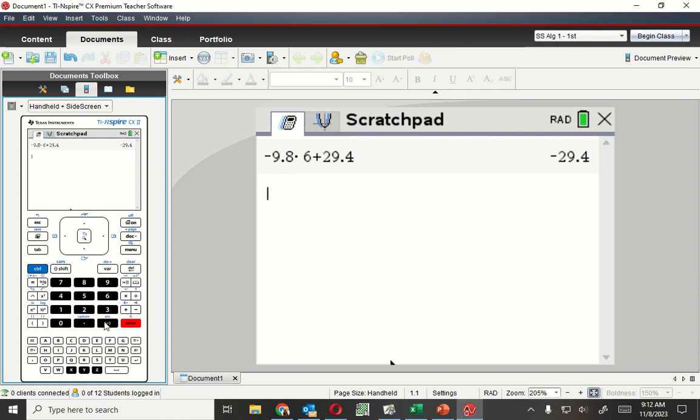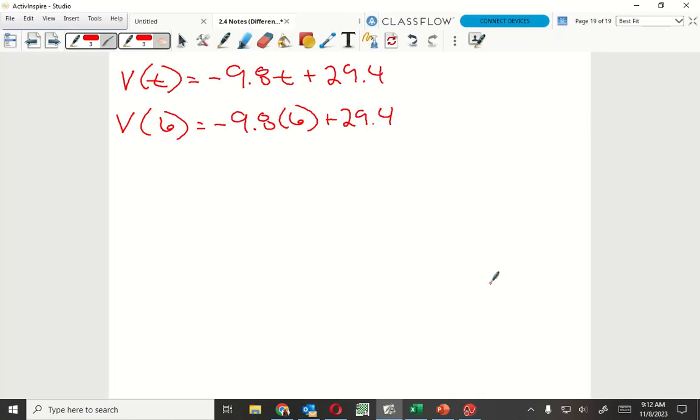Okay? Now, give me units on this one. So it goes splat. So this is going to be V of 6. So it's traveling negative 29.4 meters per second when it hits the ground.